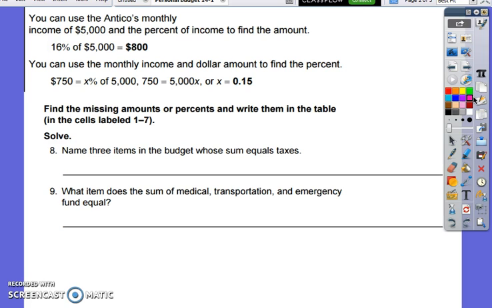You can use the Antico's monthly income of $5,000 and the percent of income to find the amount. 16% of $5,000 is $800. You can use the monthly income and dollar amount to find the percent. $750 is X percent of $5,000. 750 is 5,000X, or X is equal to 0.15.